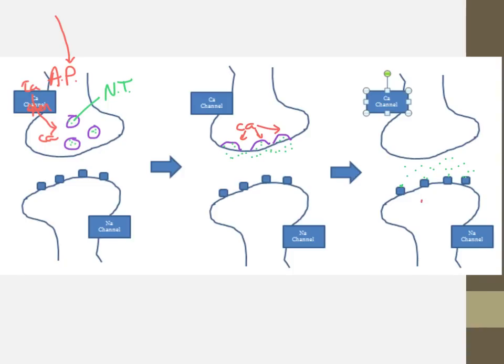That causes an action potential to be generated, okay, and travel down the postsynaptic neuron because this sodium ion channel opens, okay? So that means then that sodium is going to enter the cell, and that's where I'm getting this action potential from. Of course, then, these neurotransmitters then need to be pumped back in here where they're wrapped up again in vesicles, okay, and getting ready for the next impulse.